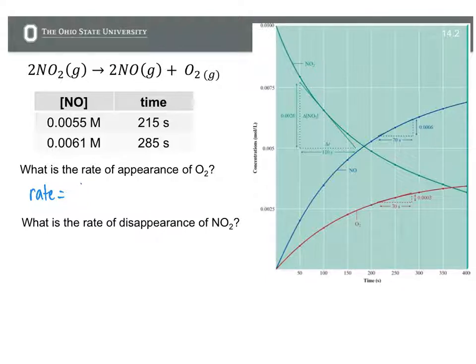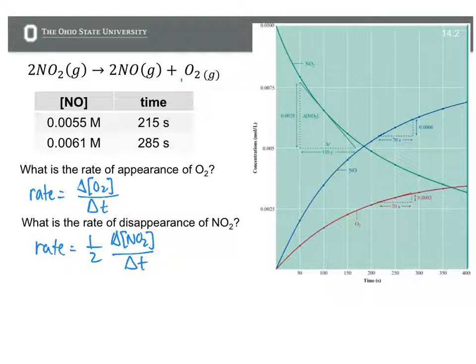So rate is going to be equal to the change in the O2 concentration over the change in time. Okay, stoichiometric coefficient of 1. The disappearance of NO2 is going to be 1/2 times the change in concentration of NO2 over change in time.